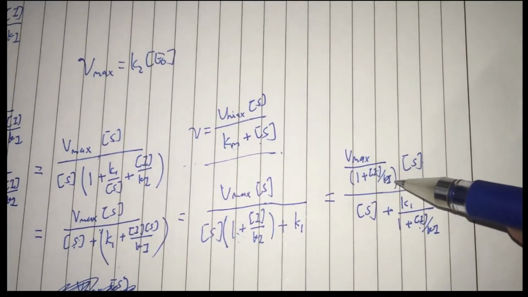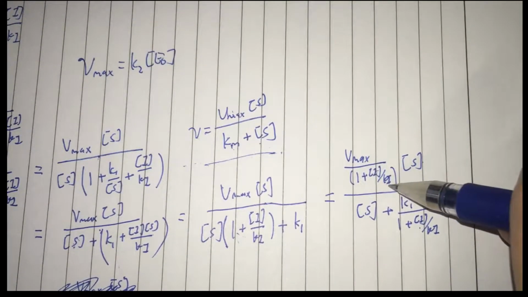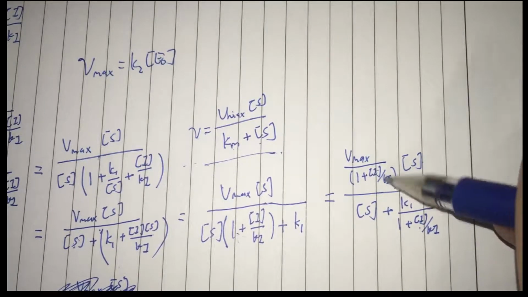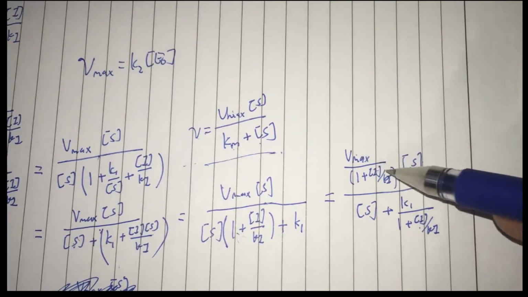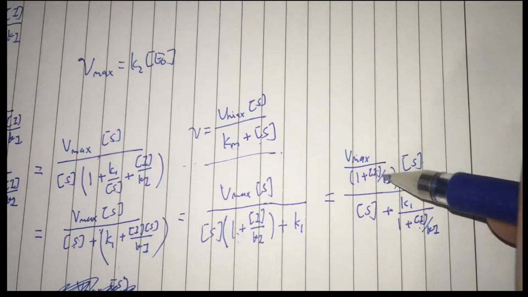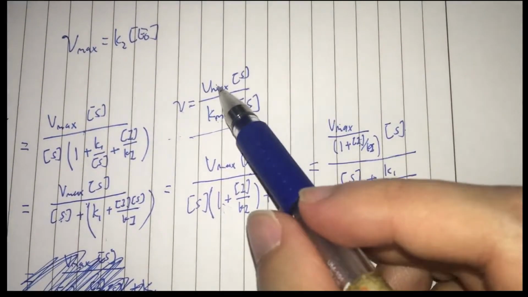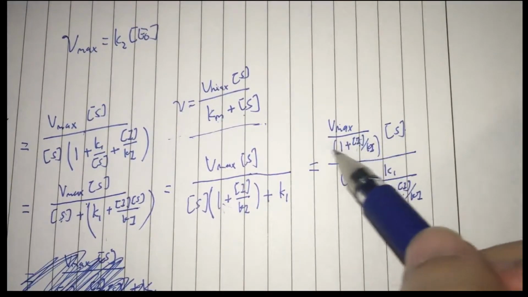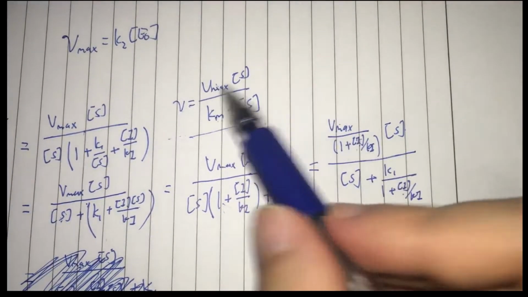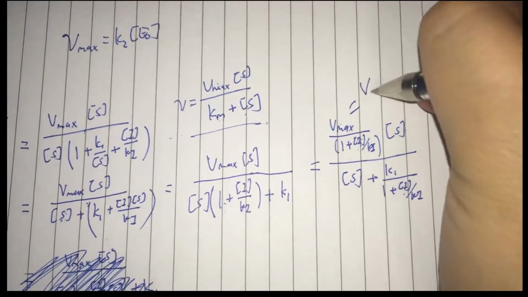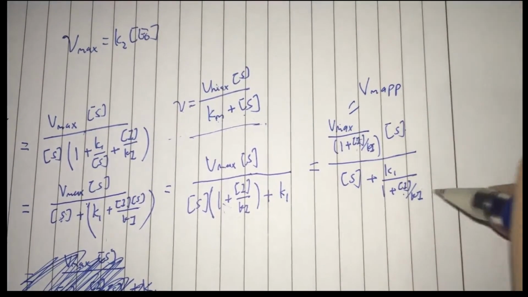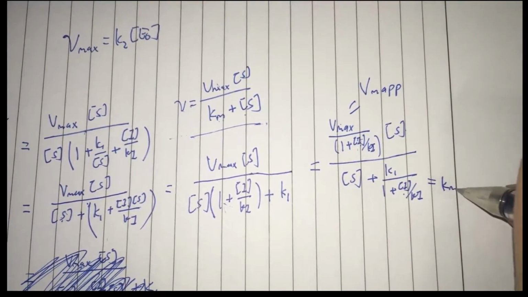So it's only going to be varying with temperature, because that determines the equilibrium constant, and of course Vmax here, and the inhibitor concentration. So you can see that when you compare this and this, this is obviously going to be lesser than this. So this is Vmax apparent, and this is Km apparent.